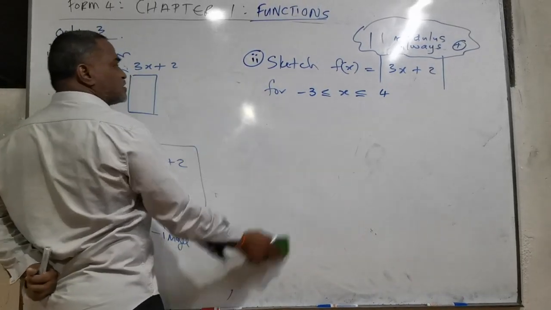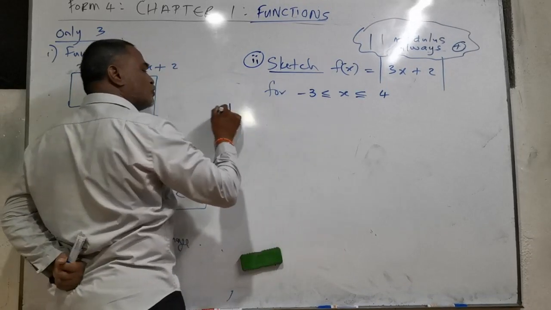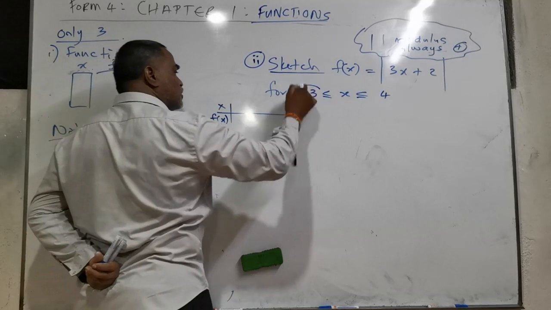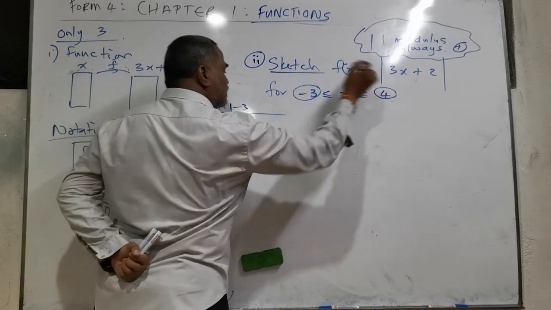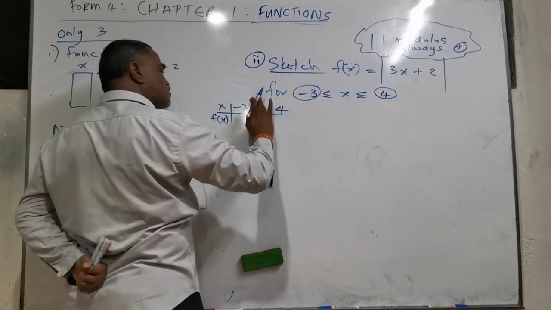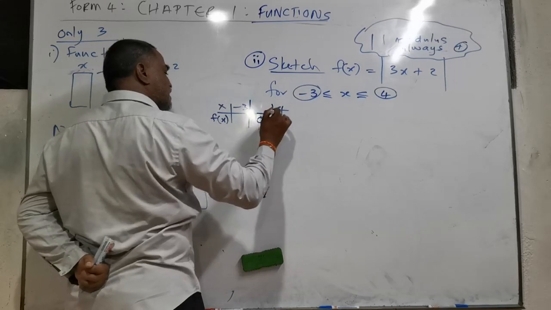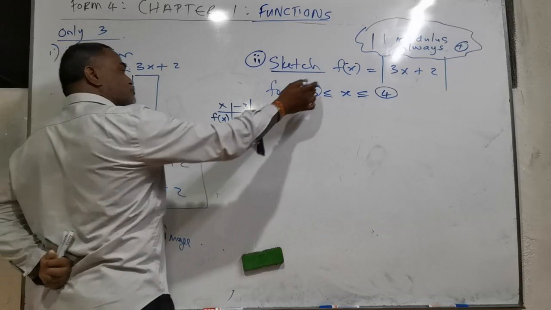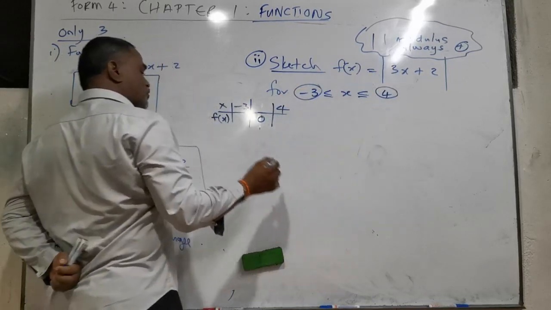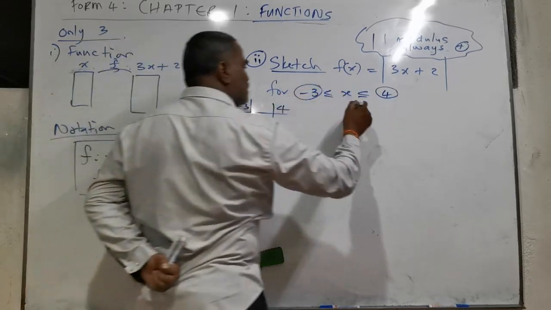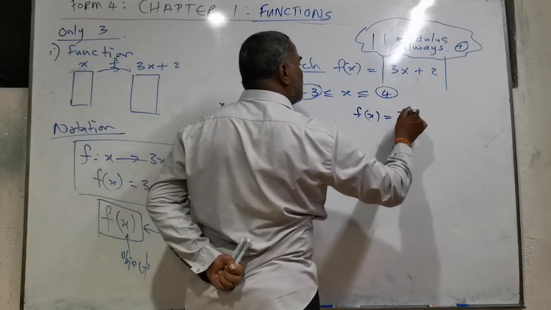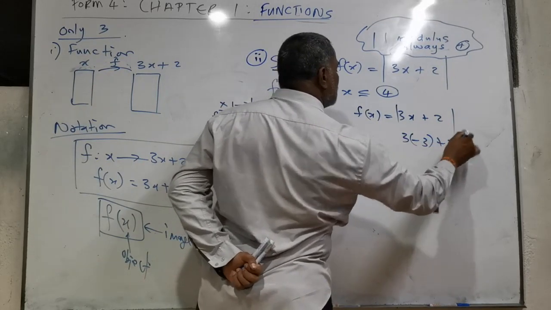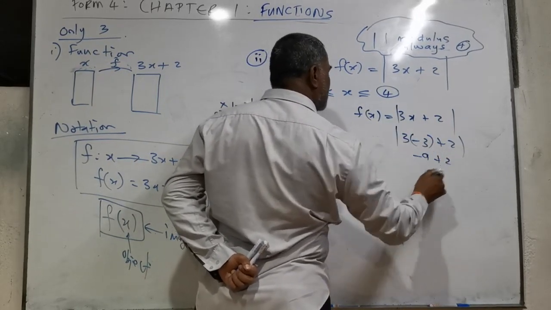When they touch the x-axis, f(x) or y will be 0. So for the sketch we take 2 or 3 coordinates. First, for x you take negative 3 and 4, and in the middle you take 0. Why 0? Because it touches the x-axis, and when it touches, y or f(x) will be 0. So you substitute into the equation. When x is negative 3, f(x) = 3 times negative 3 plus 2, negative 9 plus 2, you get negative 7.